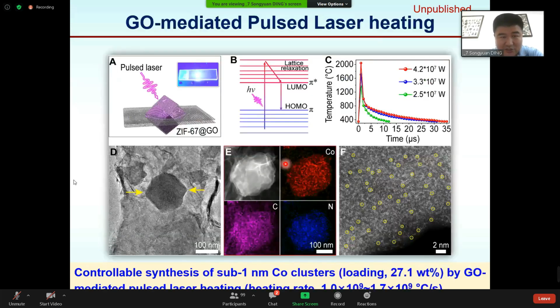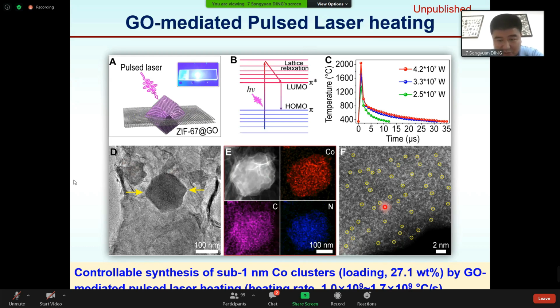And the second strategy is to use graphene oxide mediated pulse laser heating. The graphene oxide absorbs energy. We use a nanosecond pulse laser, and as we can see, the heating rate is as high as 1 billion centigrade per second.